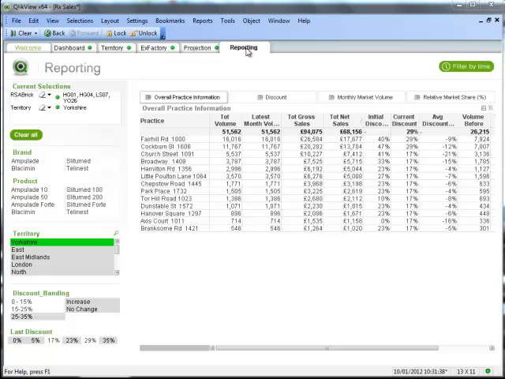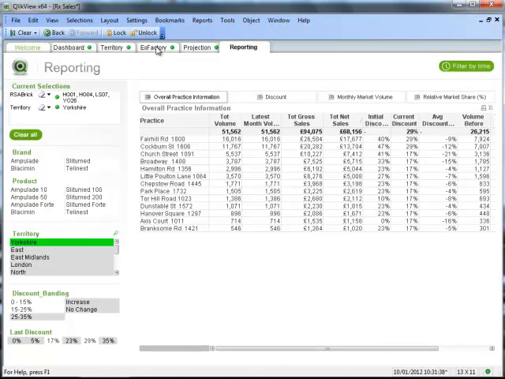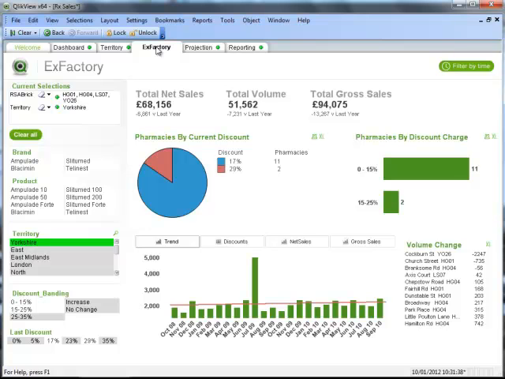Now, if you remember, earlier on in the analysis, we noticed an unusual peak in sales in July 2009. Navigating to the ex-factory tab, we can analyse our own internal Analyse sales data. The large peak in sales is immediately evident on the trend chart below.